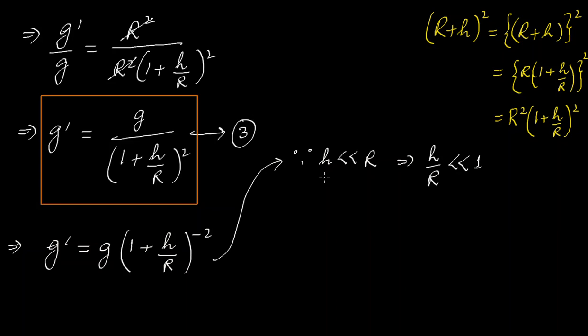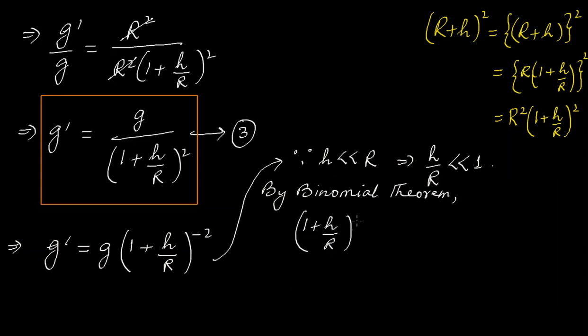So we can expand this by the binomial theorem. By the binomial theorem, (1 plus h by r) to the power minus 2 is approximately equal to 1 minus 2h by r.